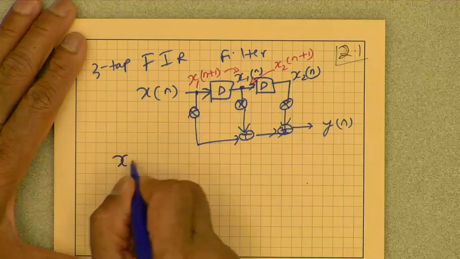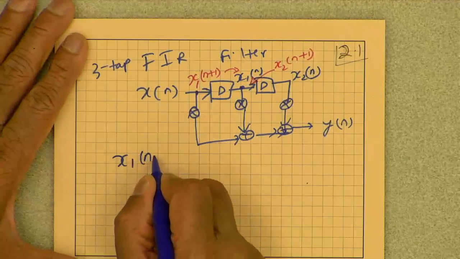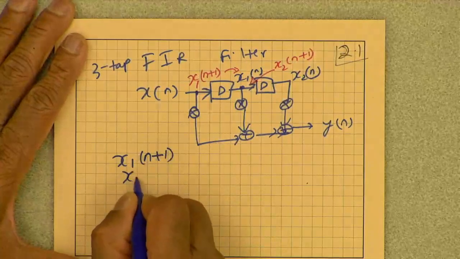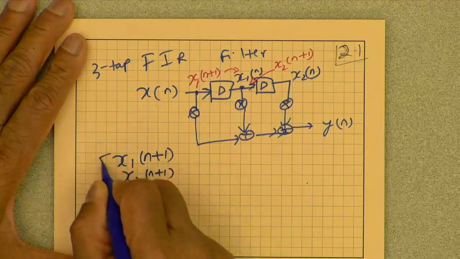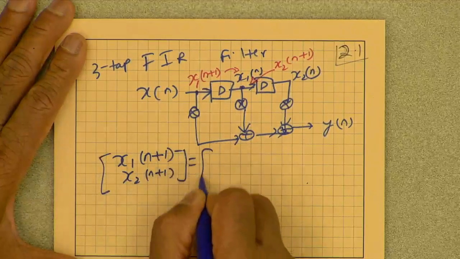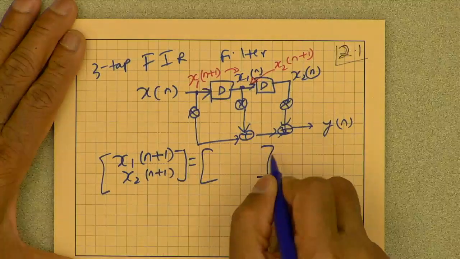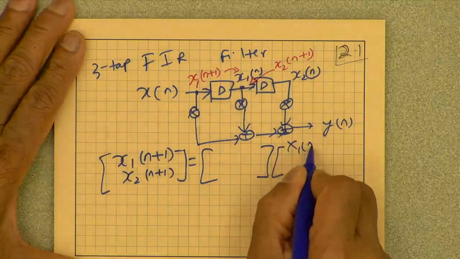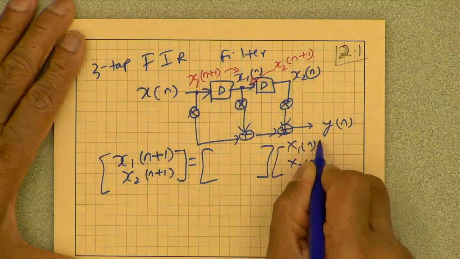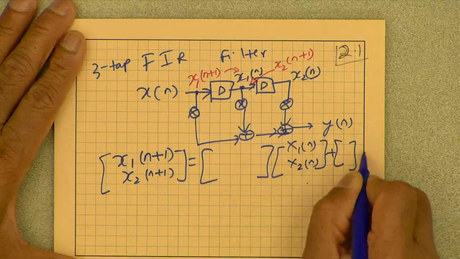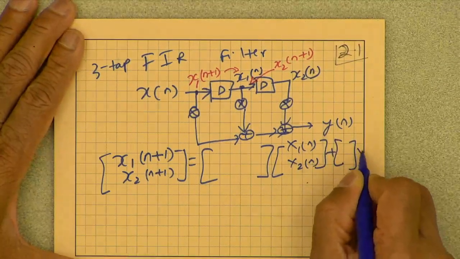So I can write the next state vector x1 n plus 1, x2 n plus 1 is equal to the transition matrix A times the state vector x1, x2 plus some column vector times input xn.